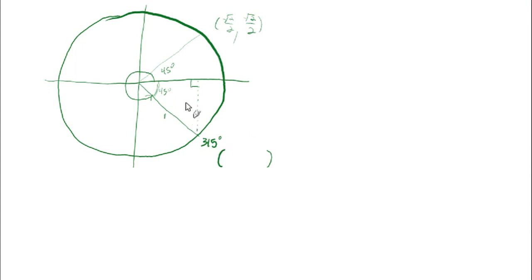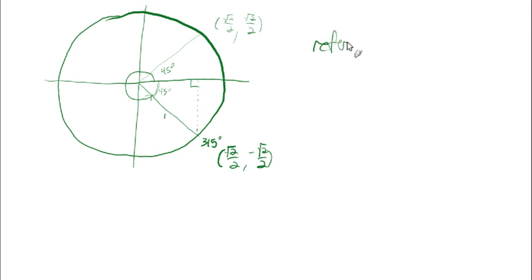So we'd say, I'll reference 45, use its sine and cosine, and make the signs, the positive and negative of it, appropriate for where 315 is. 315 is in the fourth quadrant, and in the fourth quadrant we have positive x and negative y. So positive root 2 over 2, negative root 2 over 2. Okay, so that's a reference angle.